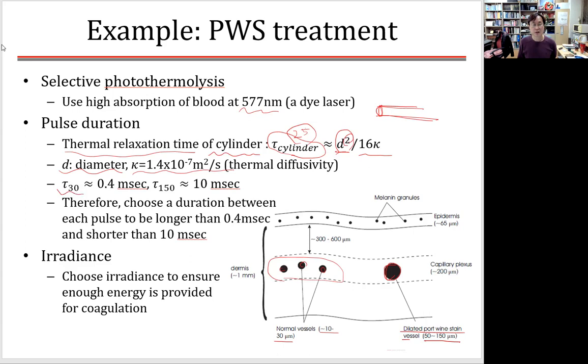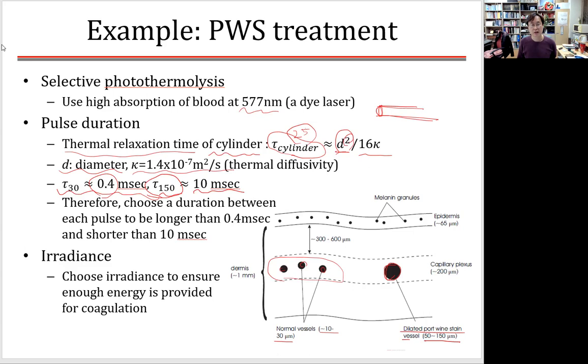So here, for the 30 microsecond, it will be 0.4 millisecond for the relaxation time. But if the blood vessel diameter is 150 micrometer, then the time is about 10 milliseconds.